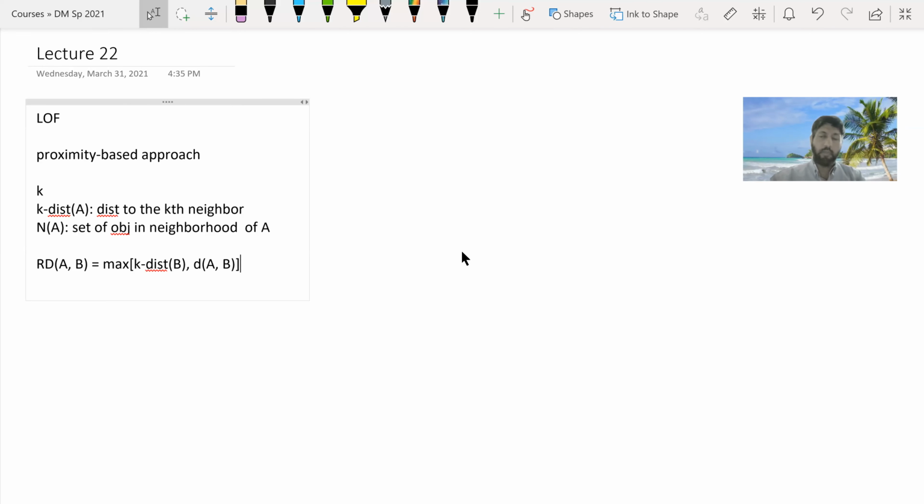This is a kind of quantization technique, and it's primarily meant to make sure that the results are more robust, with less variation. The idea is that if A lies in the neighborhood of B, then wherever it is in the neighborhood of B, its reachability distance would always be the k distance of B. But if A is outside the neighborhood of B, then its distance would be the actual distance, which is D(A, B).